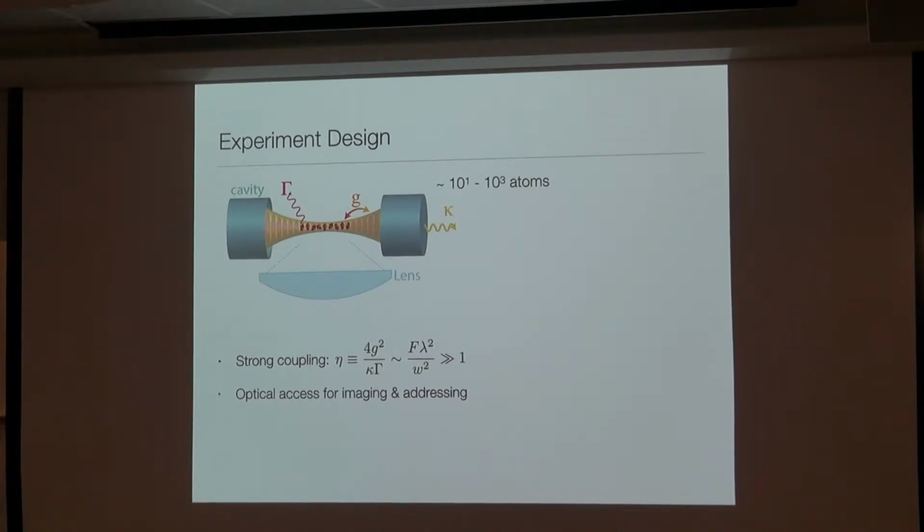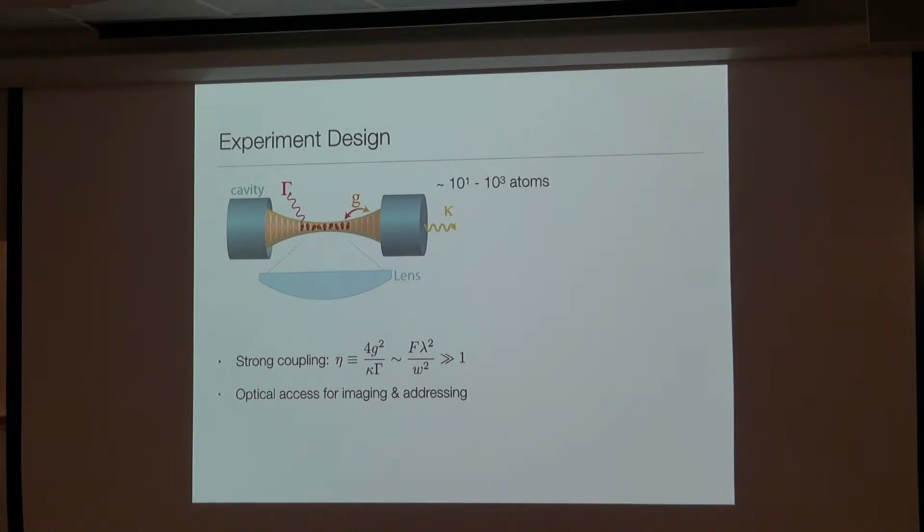This figure of merit, the ratio of the atom-light interaction, g, to the characteristic decay rates, cavity decay and spontaneous emission, essentially scales inversely as the cross-sectional area of the mode. That's w squared. So you'd like to get the best mirrors you can. You'd like to focus the light down tightly, but you don't want to make a very small cavity, or you won't be able to actually see what's going on or manipulate the interactions from the side.